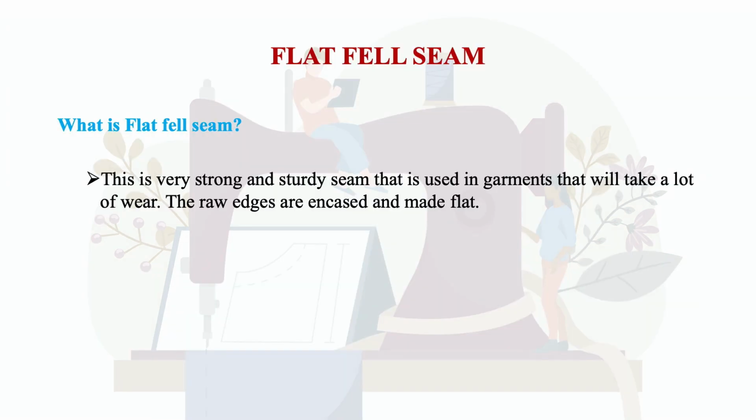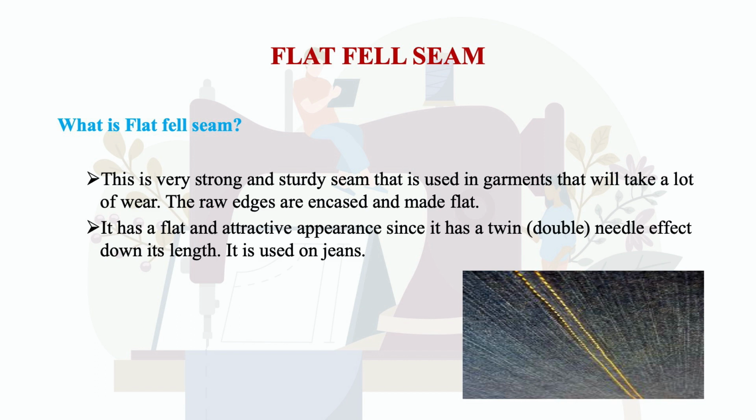This is a very strong and sturdy seam that is used in a garment that will take a lot of wear. The raw edges are encased and made flat. It has a flat and attractive appearance since it has a twin or double needle effect down its length.